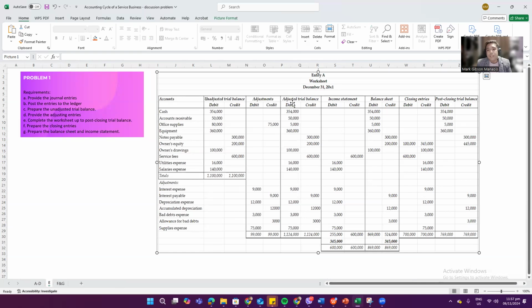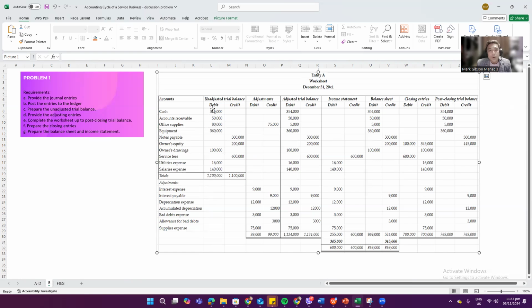Next, we have the adjusted trial balance. Again, class, the adjusted trial balance is just the sum of the unadjusted trial balance and the adjustments column. Look at cash, for example, 354,000. Do we have any adjustments? None. So therefore, the balance would be 354,000. But look at office supplies.